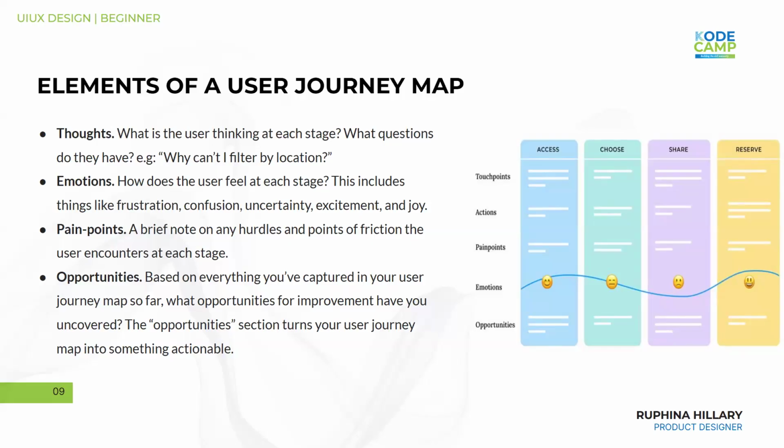Then opportunities. Based on everything you have captured in your user journey map so far, what opportunities for improvement have you encountered? The opportunities section turns your user journey map into something actionable. It's from your opportunity section that you start to say, okay, these are opportunities for me in this product, so now I can start ideating.